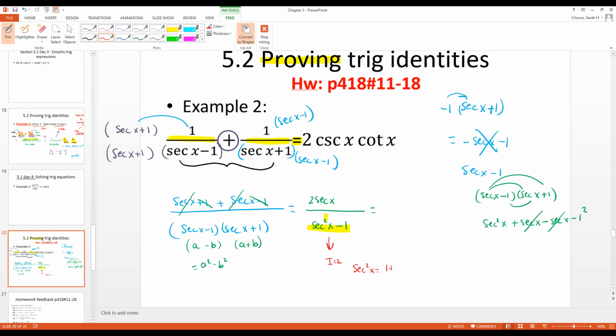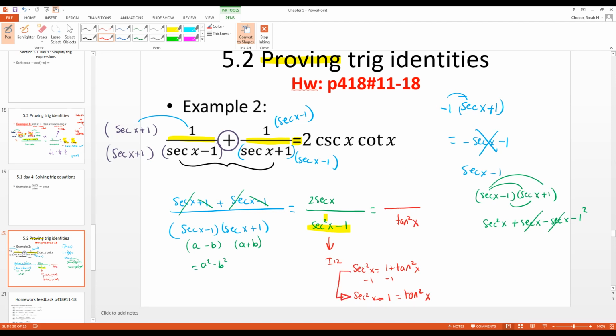Secant squared is 1 plus tan squared. I can subtract 1 on both sides, and I will have secant squared minus 1 equals tangent squared. So secant squared minus 1 is nothing but tangent squared.